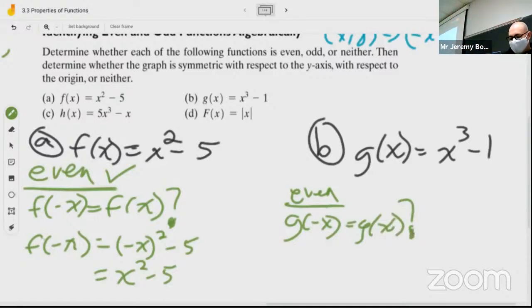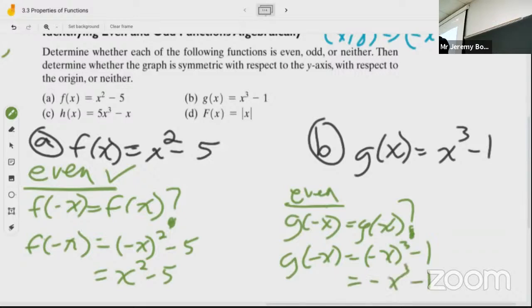And so g of negative x is going to be negative x to the third minus 1. Negative x to the third can evaluate to just be negative x to the third. But does that match my original function? No, there's a negative hanging out right there, so this is not even.